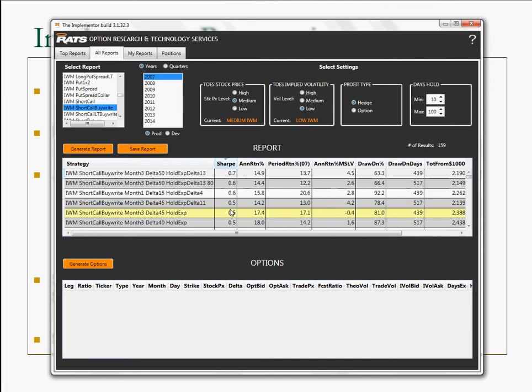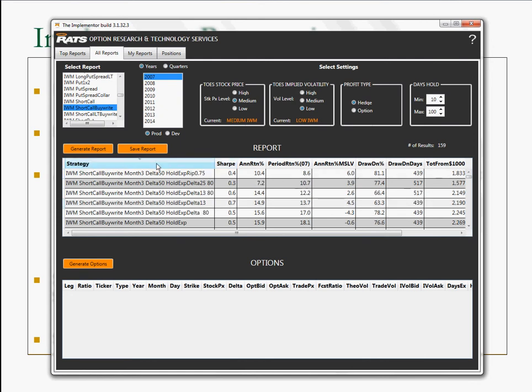So what this is saying is it's sorted by Sharpe ratio, and the best Sharpe ratio, Sharpe by the way, is the annual return less the risk-free rate divided by the volatility of the returns. The best one is selling the month 3 delta 50 and then exiting when that delta 50 gets down to 13 delta.